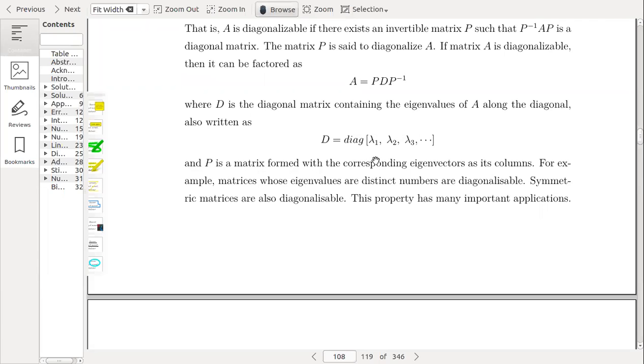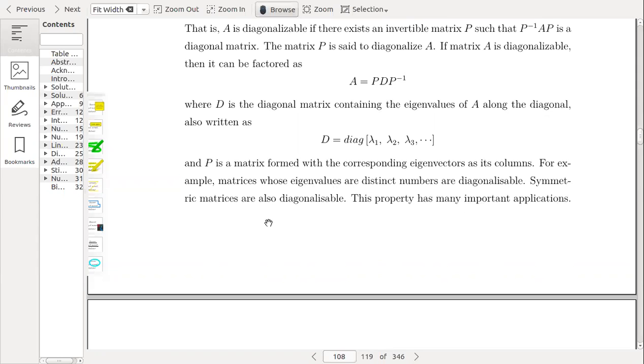So how can we construct P? We can construct P by taking the eigenvectors as the columns of matrix P. For example, matrices whose eigenvalues are distinct numbers are diagonalizable.